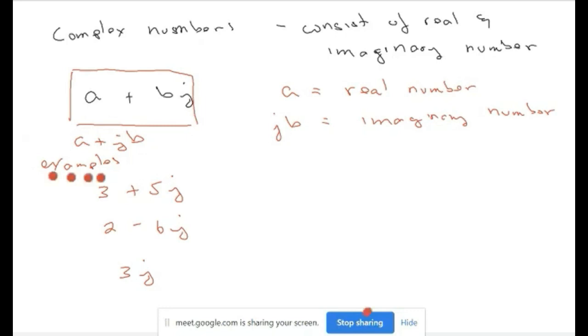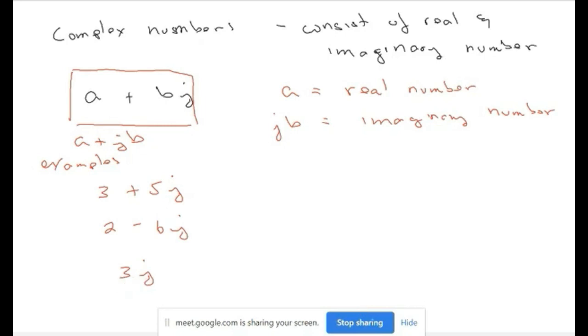So here, 3 is your real number, 5j is your imaginary number. Here, 2 is your real number, minus 6j is your imaginary number. If you have 3j, then 0 is your real number and your imaginary number is 3j.